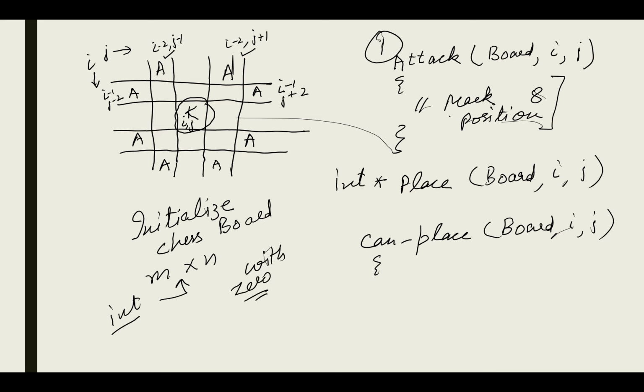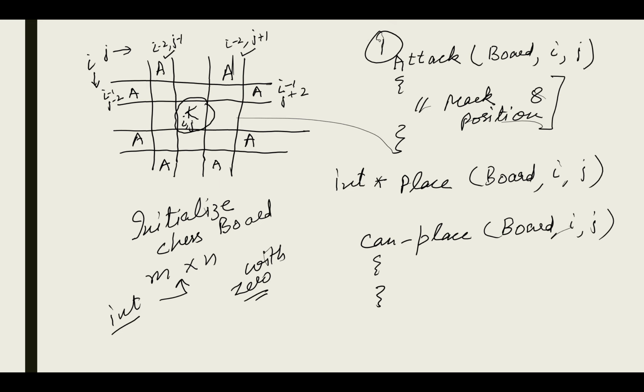Whenever you place a knight, you mark that position as 1, and whenever you mark an attacking position, you mark that position as 2. The canPlace function just checks that if that position is 0, it means there is no knight and no one is attacking, so we can place there. It will return true in that case. So these are the three functions that you have to make before coming to the main solution.